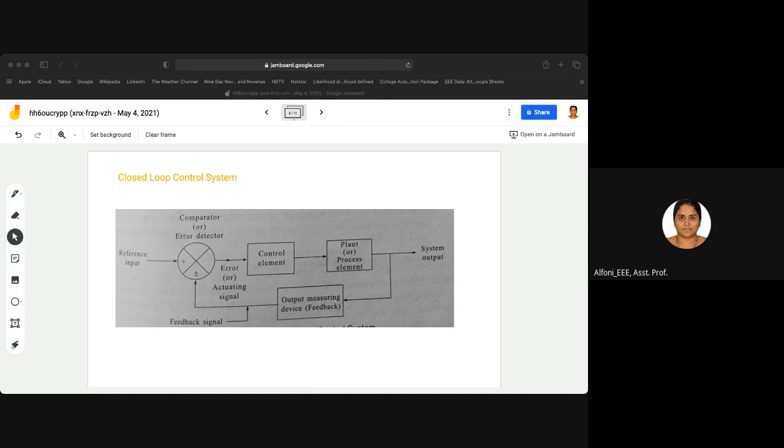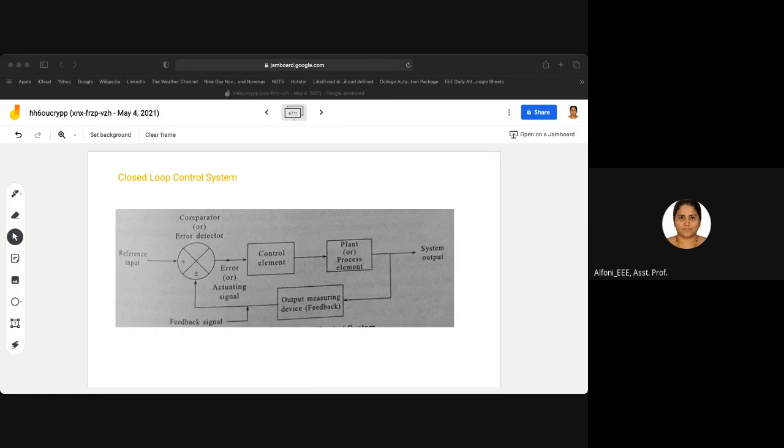That error is amplified by an amplifier, which produces an actuating signal, which is nothing but a modified error signal. The actuating signal operates the controller, thereby applying a control signal to the system plant, which changes the control system output to the desired value.